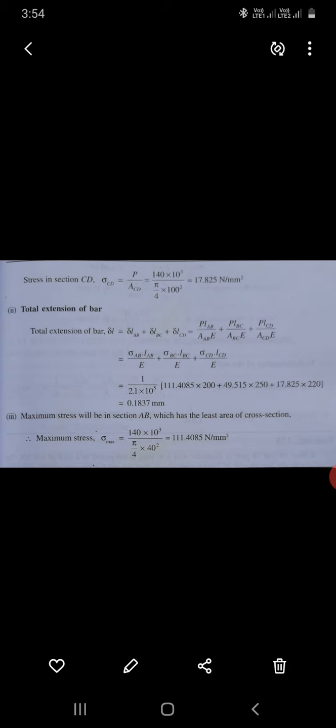Now to find the total extension of the bar, delta L equals delta L of AB plus delta L of BC plus delta L of CD.